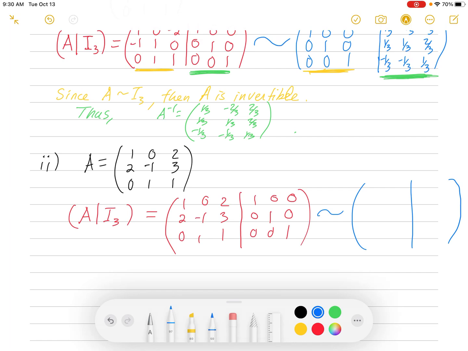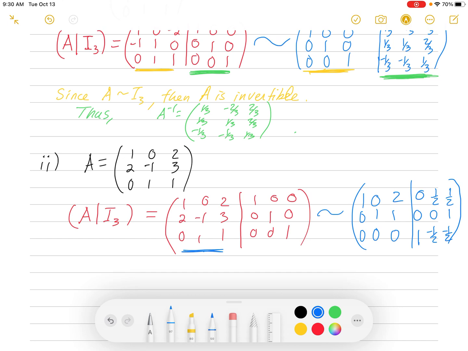Okay. When I row reduce this, I plug this in. I am plugging it into a computer program online right now. It's 1 0 0, 0 1 0, 2 1 0, 0 0 1, 1/2 0 negative 1/2, 1/2 1 negative 1/2.